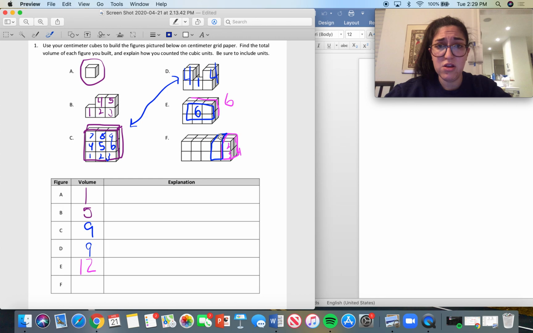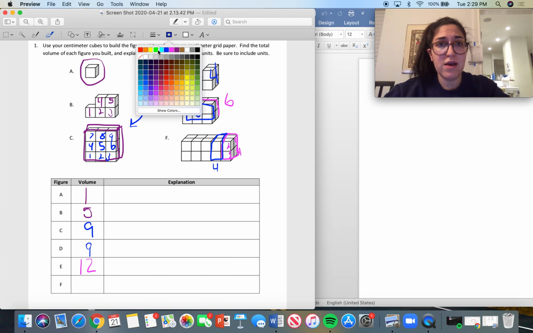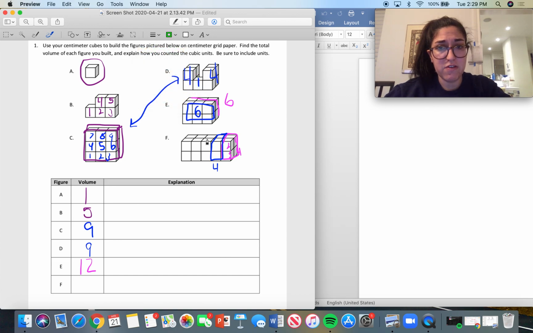I can see this one up here is 1, 2, and 3, and again, I know that there has to be 1 below there, so this is also 4. And I can do that for each one of the following boxes. I know that this one is 4 because I can see 3 of them, and I know that that third one can't be floating, so this is 4.